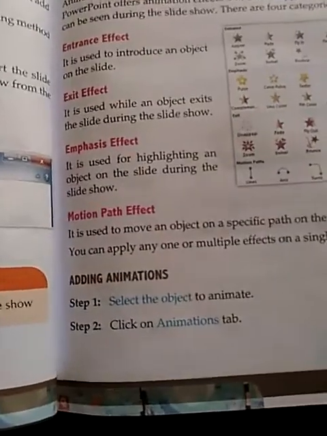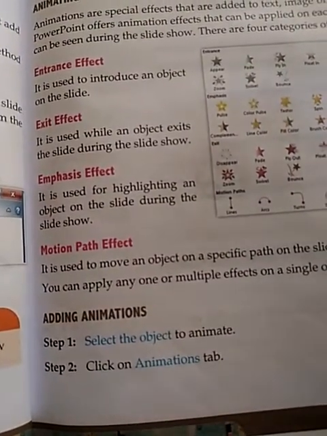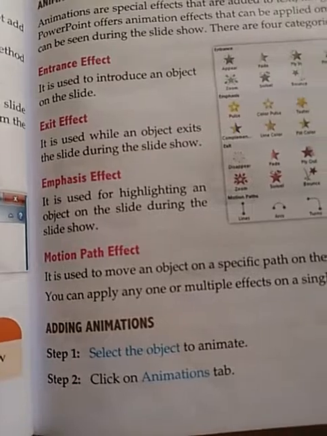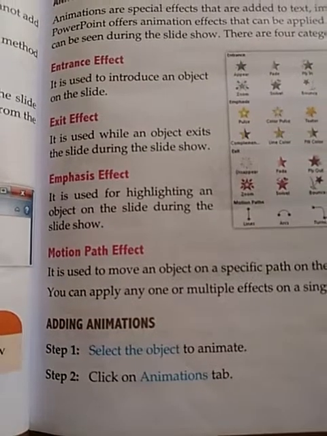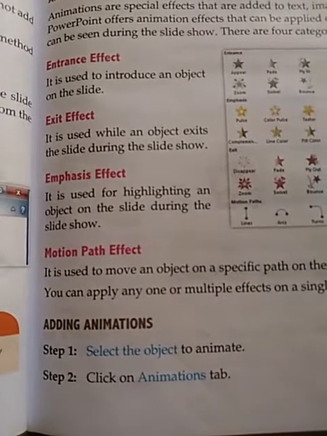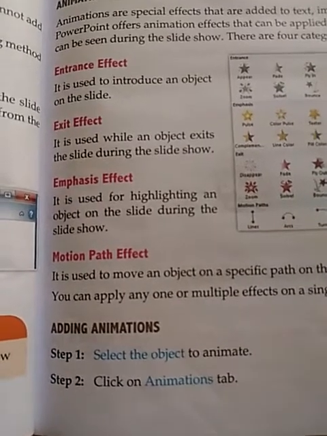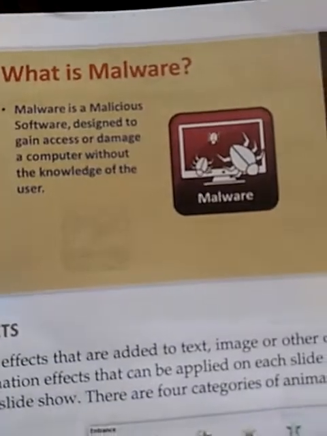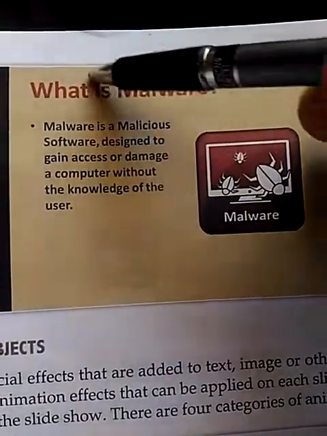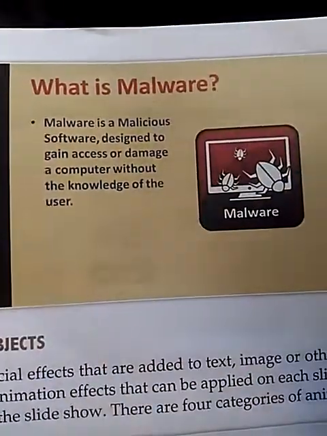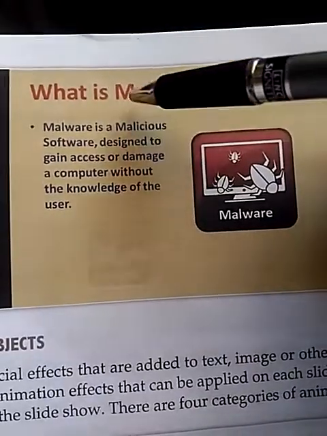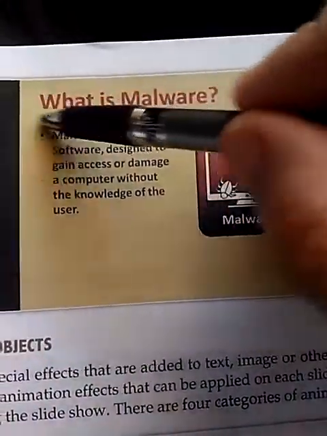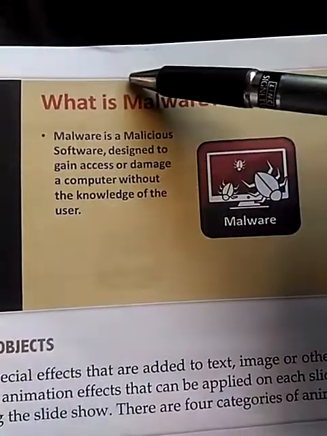Now, adding animation. You can add animation to your presentation. First, you need to select an object. For example, suppose this is a slide and I want to animate this heading. So first I need to click on this. After I click on this, this object will be selected.